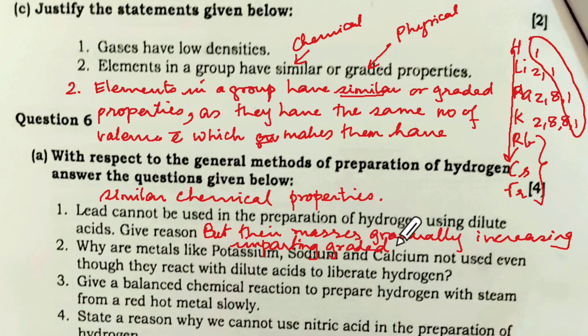So where I should have written, they have the same number of valence electrons, which imparts similar chemical properties. I don't know how I forgot that word, imparts. How is it? Good, bad, or ugly?